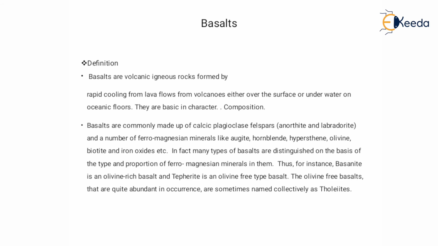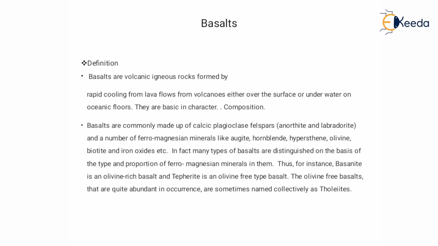See the composition. Basalts are volcanic igneous rocks formed by rapid cooling of lava flowing from volcanoes, either over the surface or underwater on the ocean floor. They are basic in character. Basalts are commonly made up of calcic plagioclase feldspar, anorthite and labradorite, and a number of ferromagnesian minerals like augite, hornblende, hypersthene, olivine, biotite, and iron oxide.